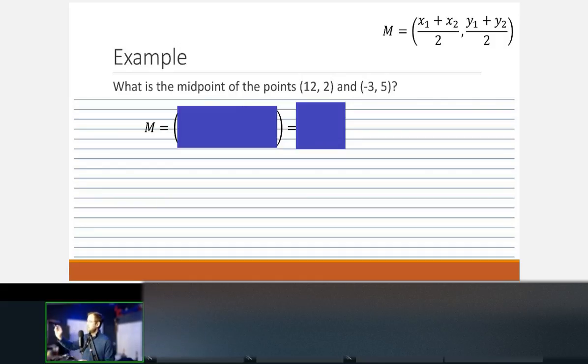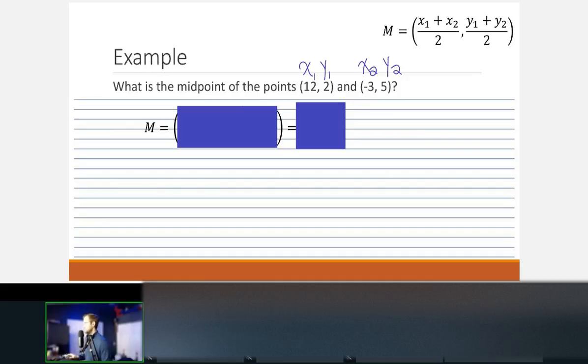So I like to label them: X sub 1, Y sub 1, and then X sub 2, Y sub 2.